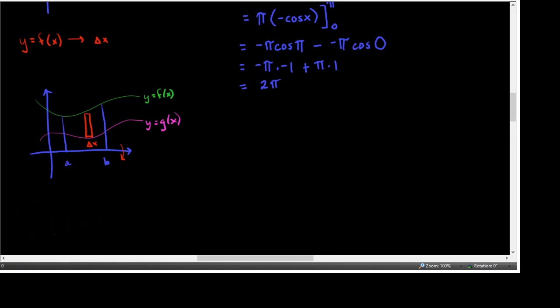So this time, when that region is revolved about the x-axis, there is space between the x-axis and the pink curve. And so that empty space is going to be revolved, and it will create a hole in the middle of the solid.